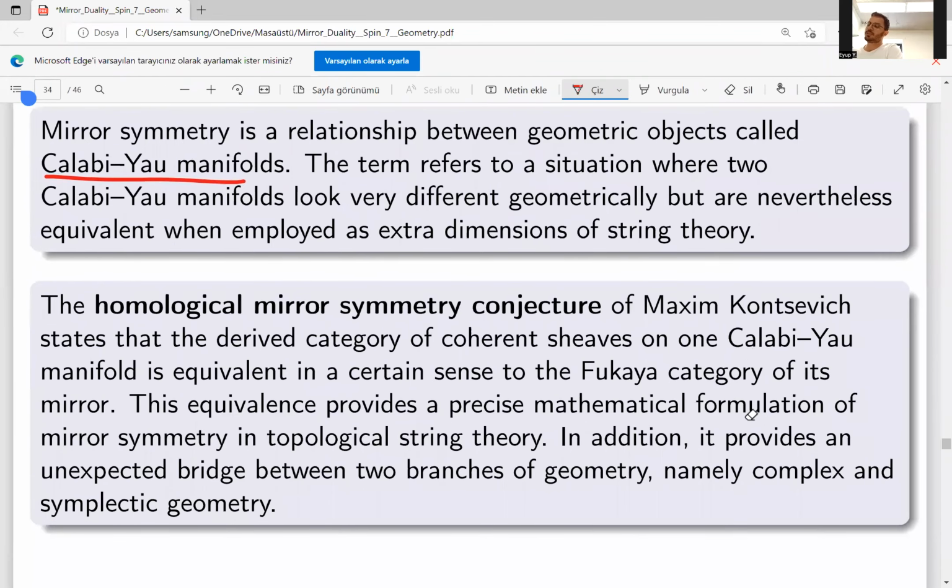The homological mirror symmetry conjecture was presented by Maxim Kontsevich, and it states that the derived category of coherent sheaves on a Calabi-Yau manifold is equal to the Fukaya category of the mirror. The Fukaya category is induced from the symplectic case, and coherent sheaves are elements of algebraic geometry.